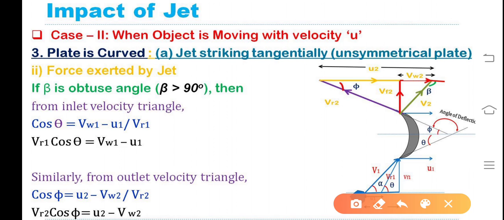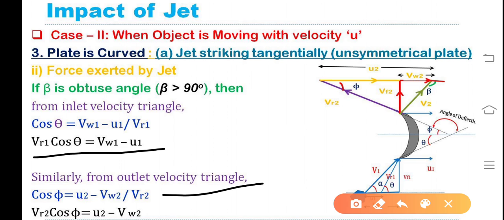If beta is obtuse angle, obtuse means beta is greater than 90. So in this figure you can see earlier this line was here. That means now it has been shifted over here so that the beta will become obtuse angle. Beta has become greater than 90 degrees. From inlet velocity triangle, we can get Vr1 cos theta is equal to Vw1 minus u1 as we did before.